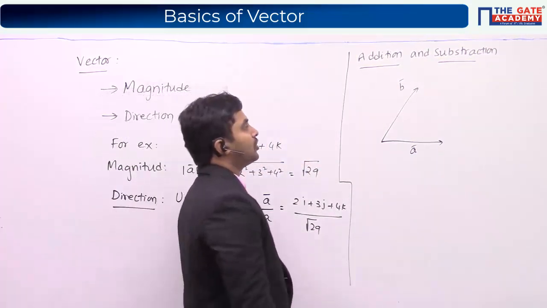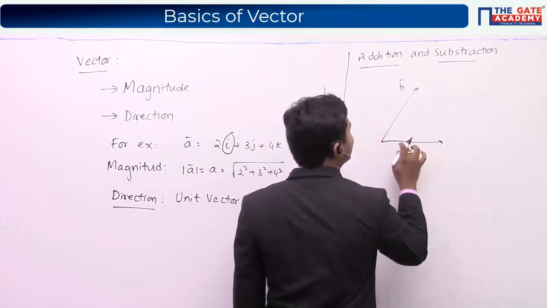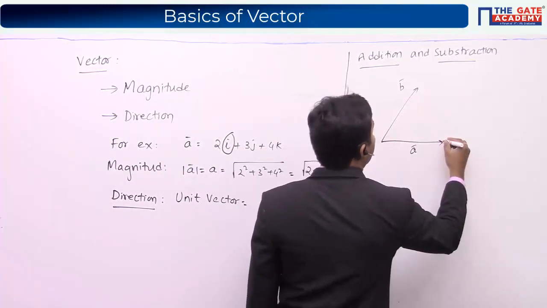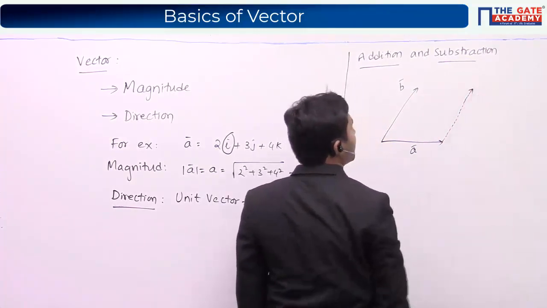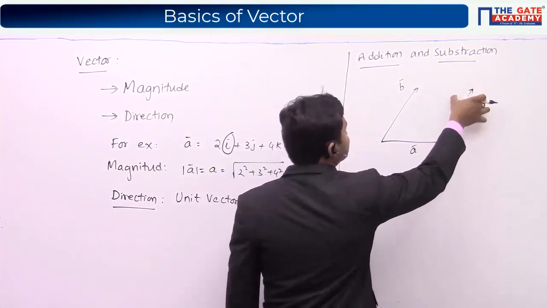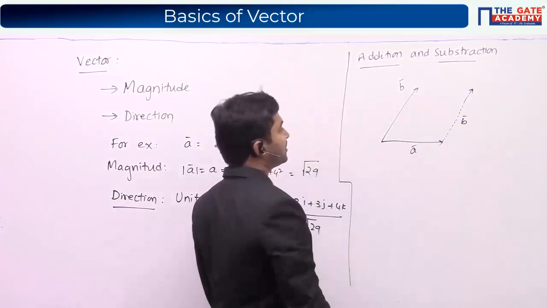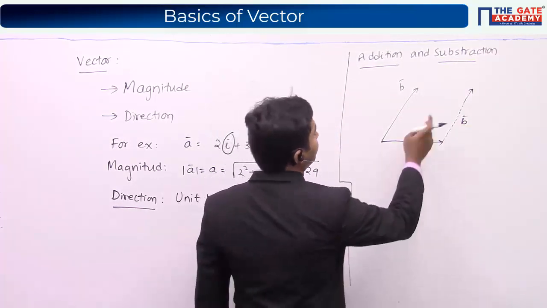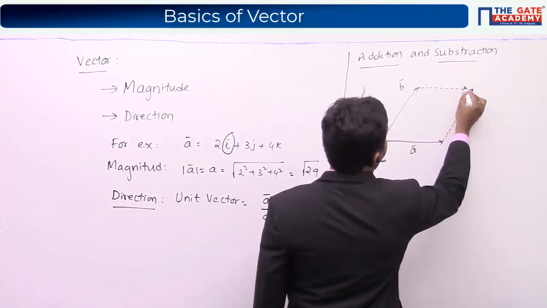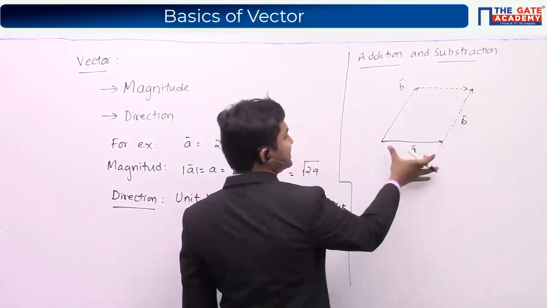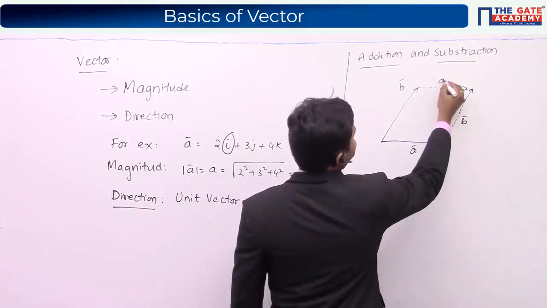What I will be doing is drawing parallel vectors to these 2 vectors. So b bar will have a parallel vector. If it is in the same direction and having the same magnitude, I can also call this vector b bar. And again there will be one more vector which is parallel to a bar, of course having the same magnitude and the same direction as that of a bar.